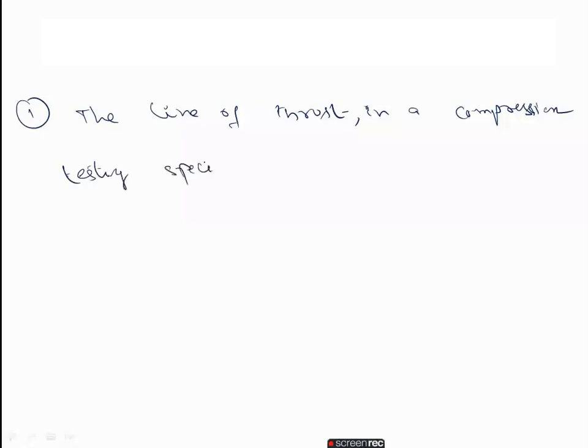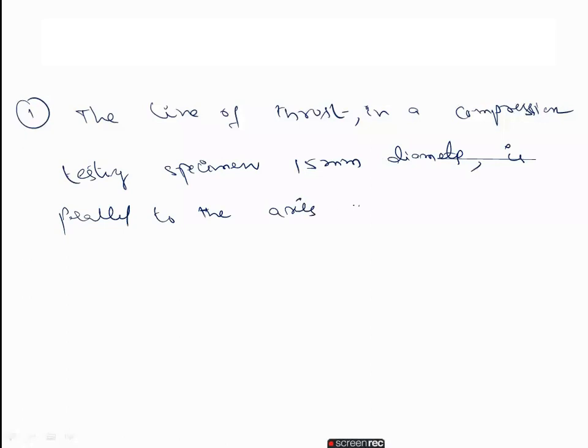The next problem is, I will write clearly: The line of thrust in a compression testing specimen, 15 mm diameter, is parallel to the axis of the specimen but is displaced from it.